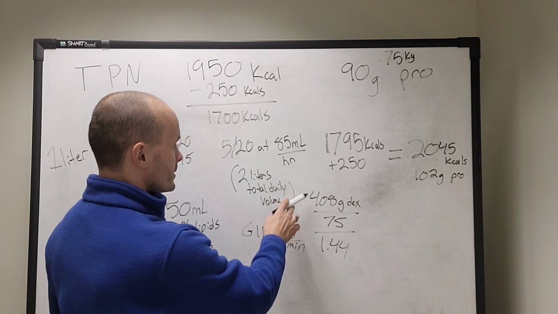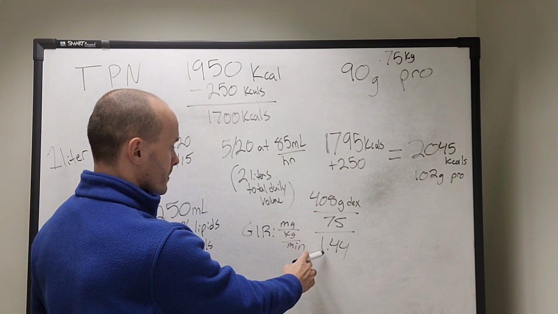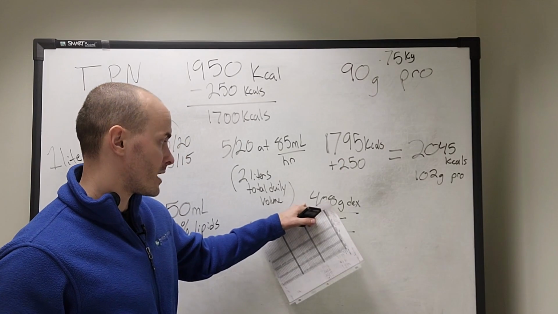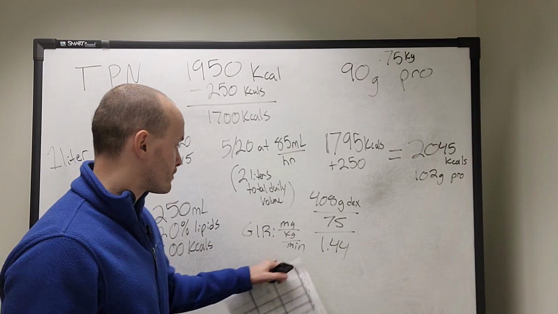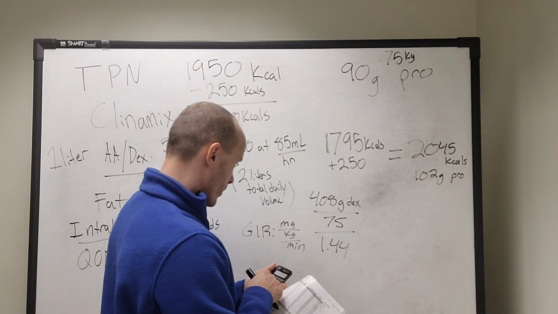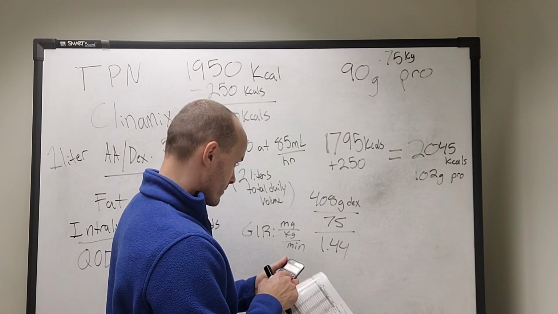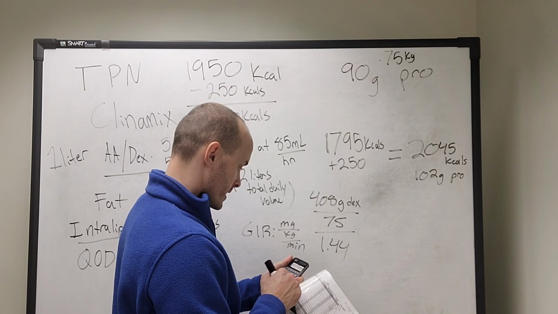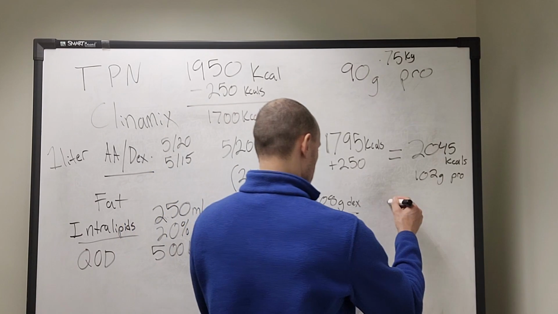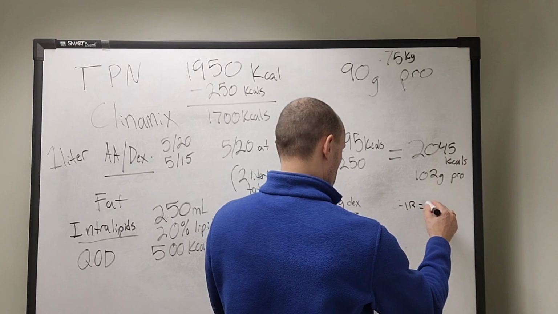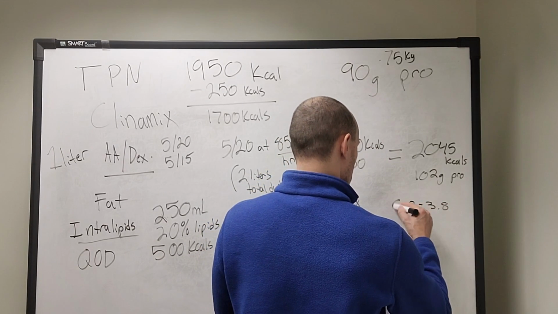So if you divide your grams per kilogram by 1.44, it converts the grams to milligrams per minute. So their GIR is 408 divided by 75 divided by 1.44 gives us a GIR of 3.8.